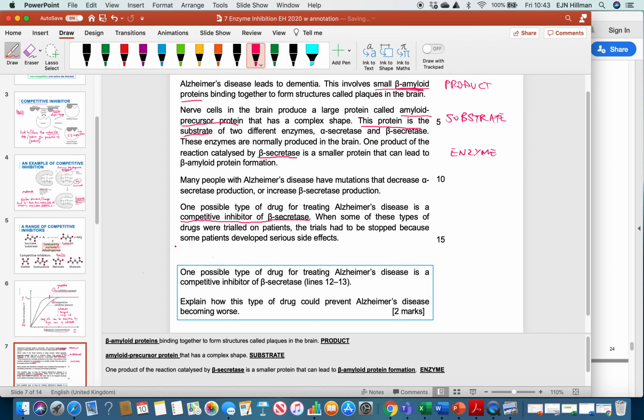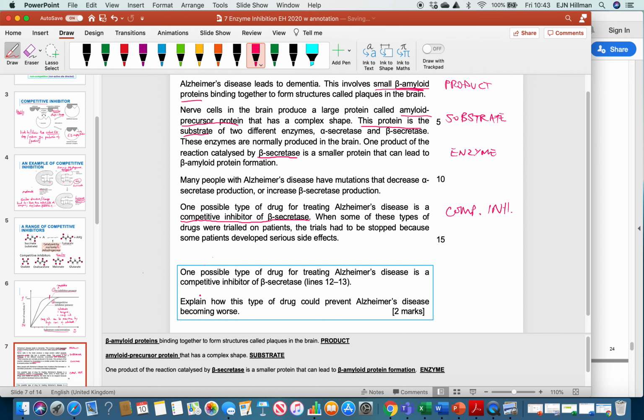When some of these types of drugs were trialled on patients, the trials had to be stopped because some patients developed serious side effects. Anyway, I'll ignore that bit for now, but we will consider this idea of competitive inhibitors for beta secretase. So we've got this competitive inhibitor.